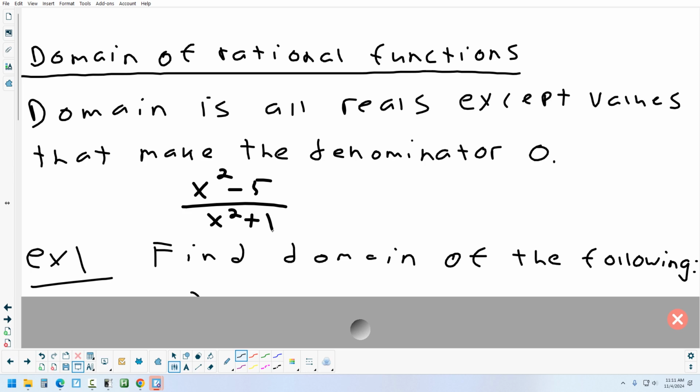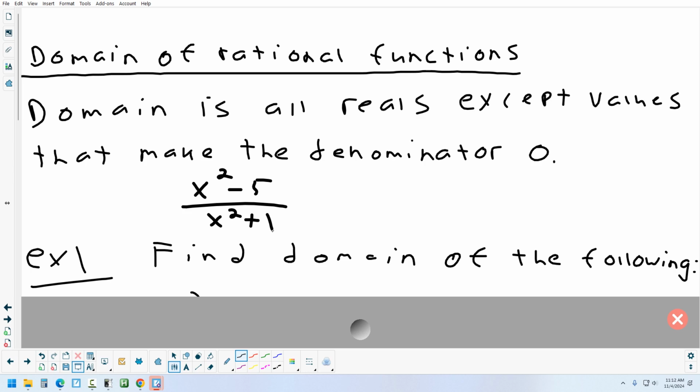Because if you put in -1, it would just automatically be 1. Because -1 plus 1 is 0. But if you square -1, then it's 1. So then 1 plus 1 is 2. Okay, so we know -1 doesn't work.